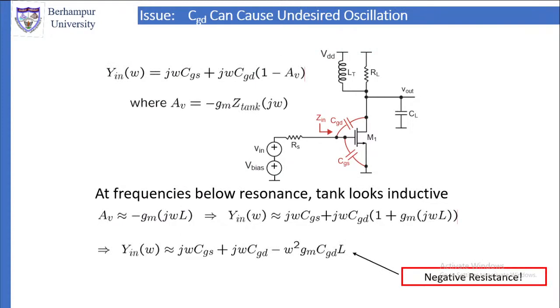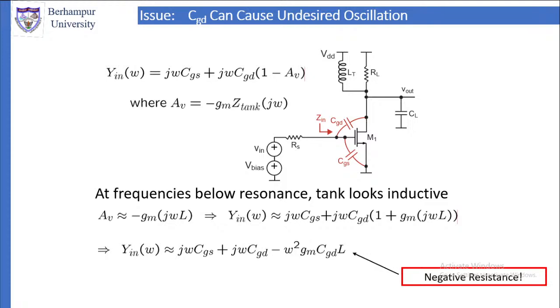Now what are the other issues? One issue is that the gate to drain capacitance can cause undesired oscillation. The equivalent circuit that we saw for the amplifier neglects the gate to drain capacitance, or gate to source capacitance.